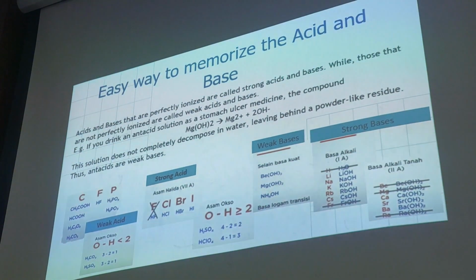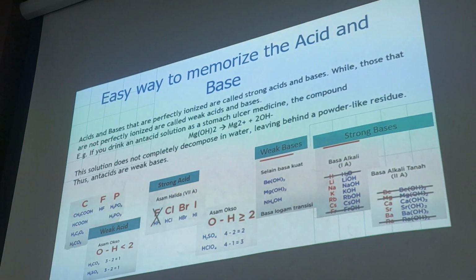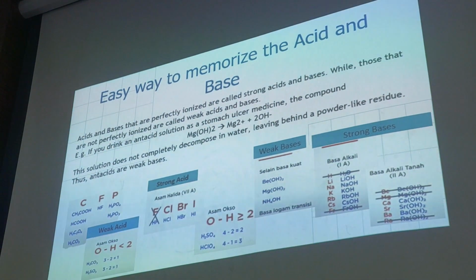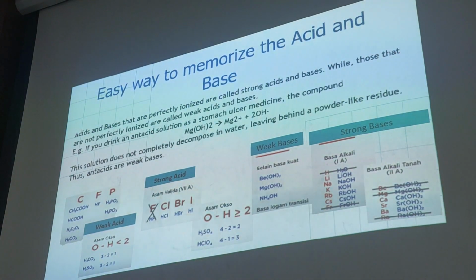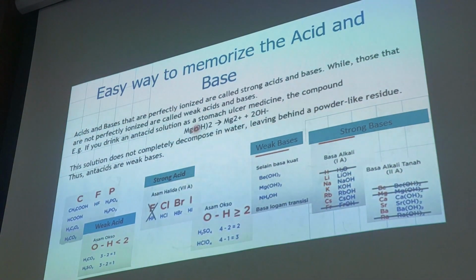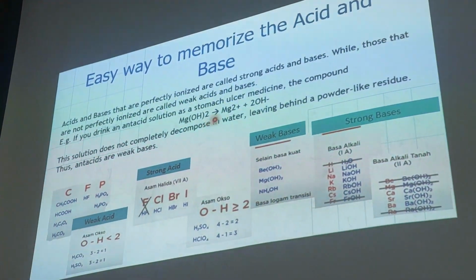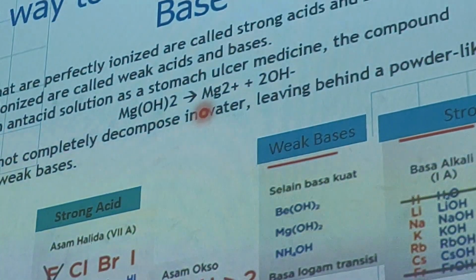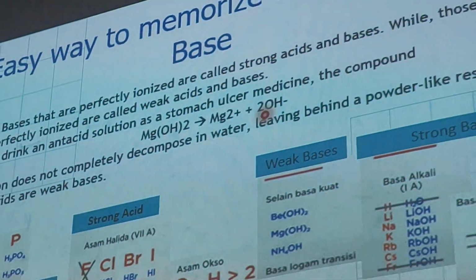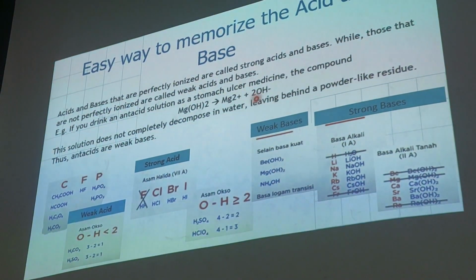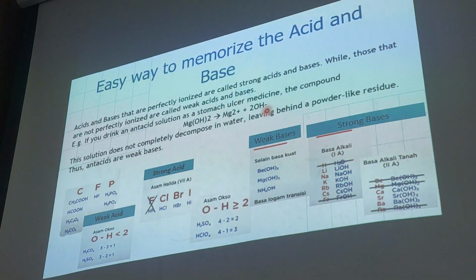So it is a weak base, because the formula of antacid is magnesium hydroxide, which can be written as magnesium 2 plus and 2 hydroxide minus.